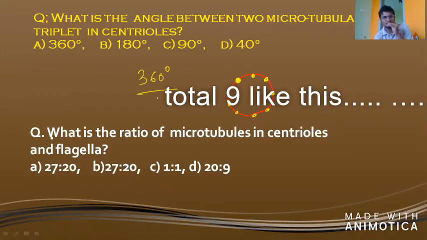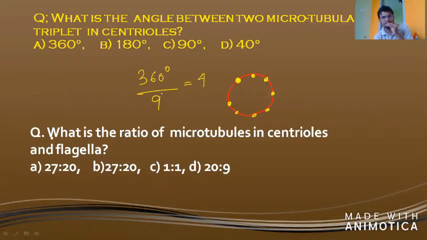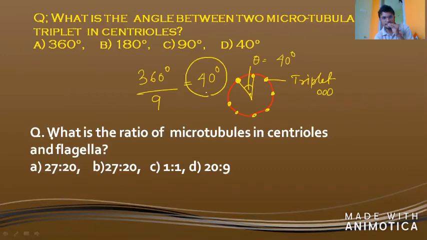Now you are sectioning it accordingly, so you have to divide it by 9. So 40 degrees will be the angle between each, that is the theta, the angle between two microtubular triplets. So definitely you have this answer.